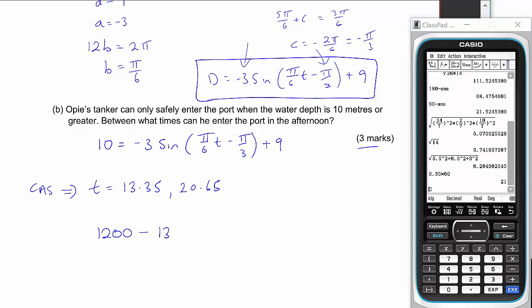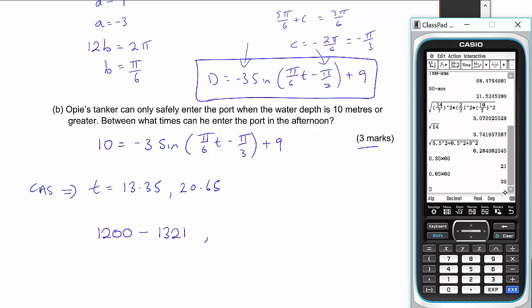So that is going to be 1321 hours. And then same thing over here, 0.65 multiplied by 60. That's 39. So that's going to be at 2039 all the way up to 2400.